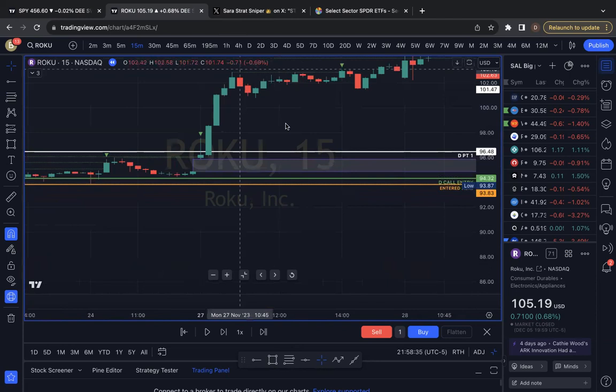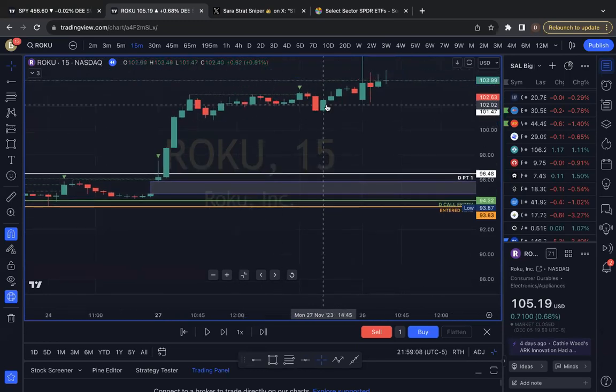Check the chat. What causes gaps? Gaps are usually formed by a catalyst, earnings, some type of big news event. What's really happening is there's trading after hours. That's why in pre-market you'll hear, oh, ExxonMobil gapped up this morning. They were trading it in the after hours, and that's what caused the gap. There's trading going on outside of regular trading hours.